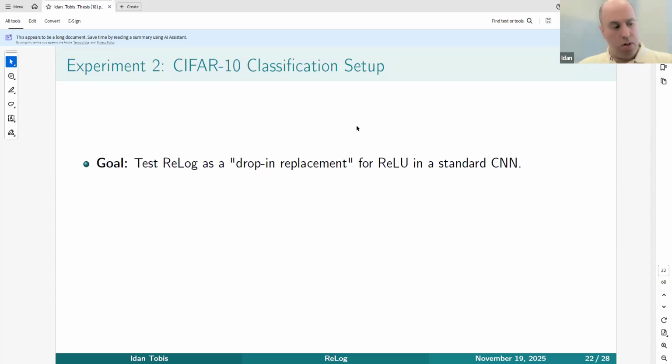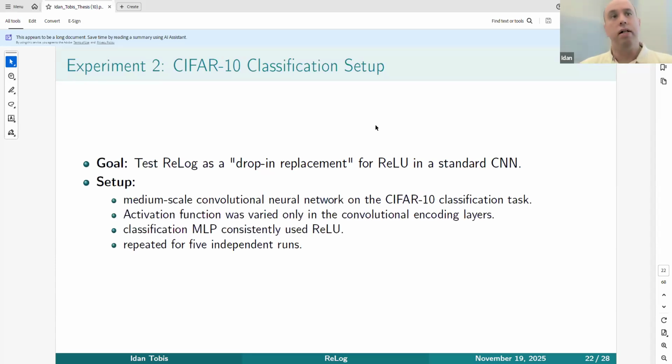These tasks are, again, this is where ReLU is really the king. So we wanted to see if we can drop in ReLog instead of ReLU in a standard convolutional neural network. And the setup is a medium-scale convolutional neural network on the CIFAR classification task. Again, very standard. We trained it end-to-end.